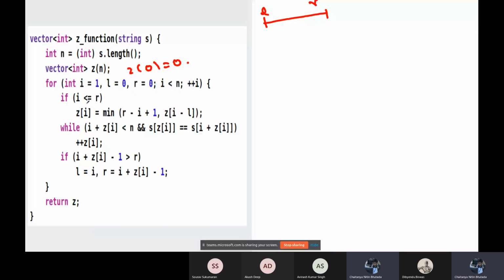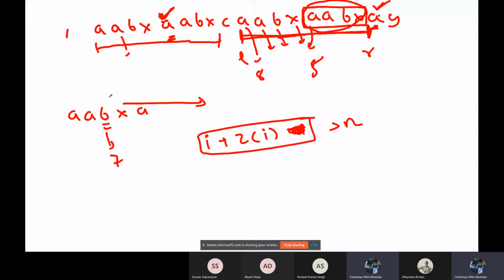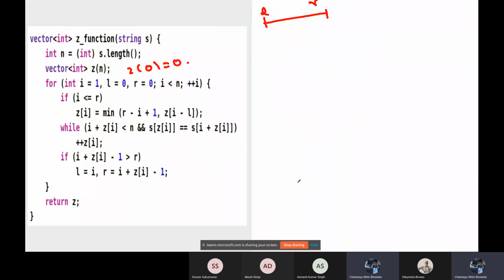If I is less than or equal to R, meaning it is in the current string, we put zi equal to minimum of r minus I plus 1, which is the limit it can take.